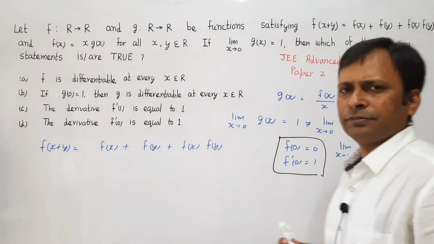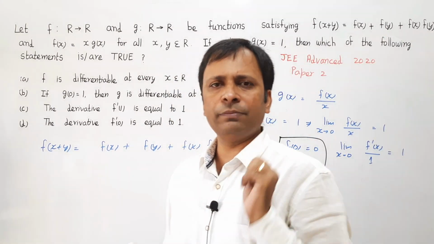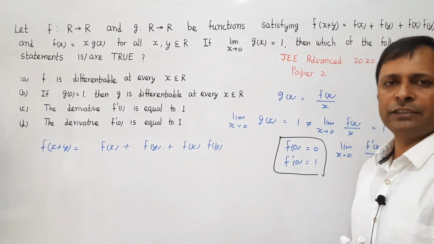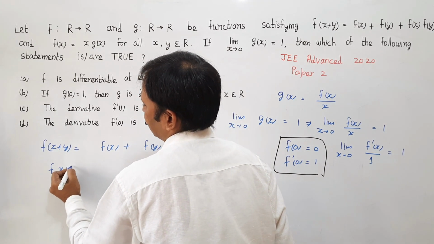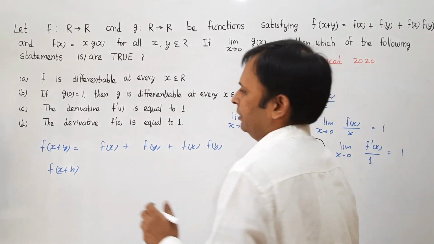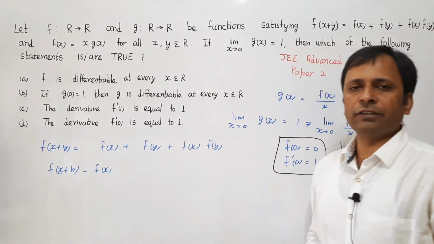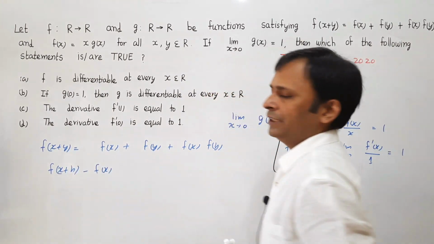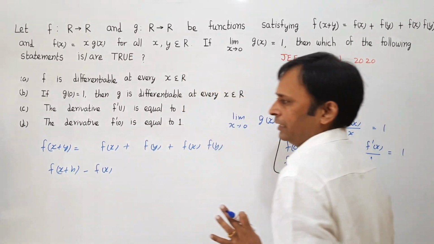So I can take y as some value h, where h is a very small number approaching 0. If I write y equal to h in this equation, I get f(x+h), and I am taking f(x) on the left hand side. Why I am doing it is because this can be written in the form of the derivative of f(x). To find the value of f'(x), I am doing all this. So f(x) comes to the left hand side.